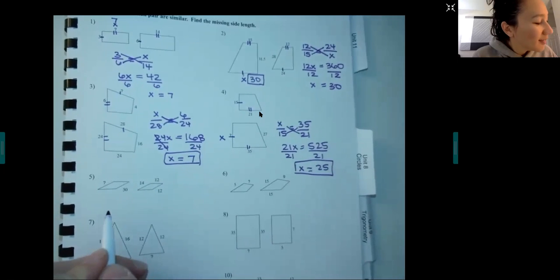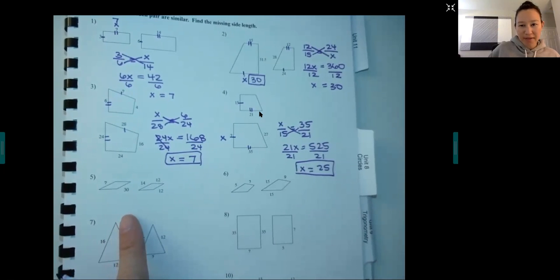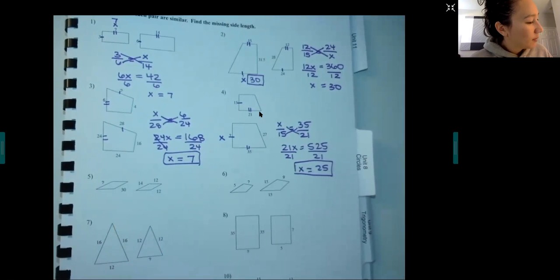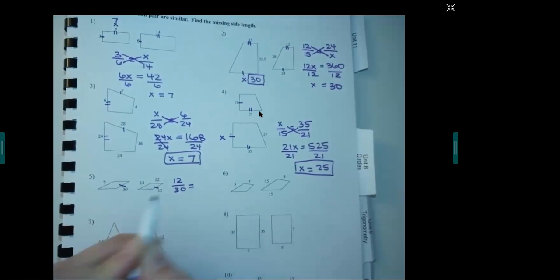I just finished number 6, by the way. Oh, perfect. Do you want to tell us how you did number 5? First I did 12 and 30, and then I did 14 over x.